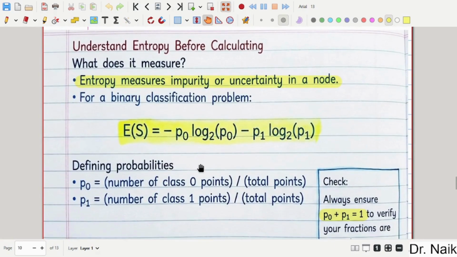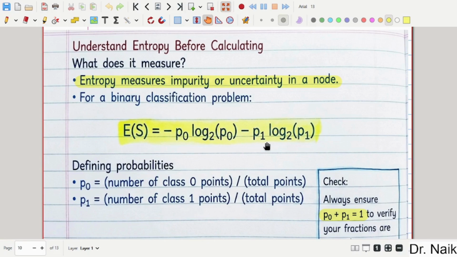Entropy measures the impurity or uncertainty in the node. For a binary classification problem, the formula for entropy is E(S) equals minus P0 times log base 2 of P0 minus P1 times log base 2 of P1, where P0 is the probability of class 0 and P1 is the probability of class 1.